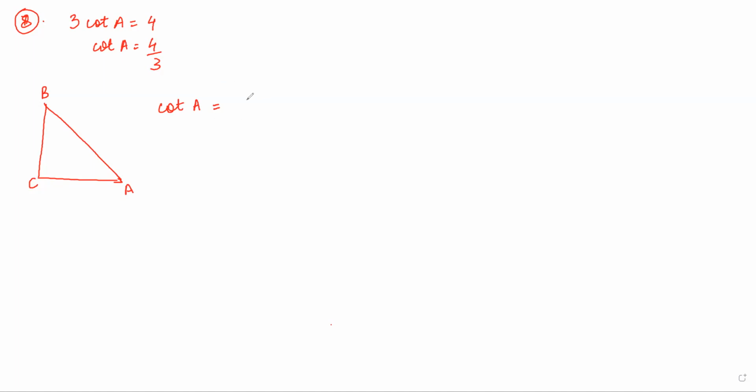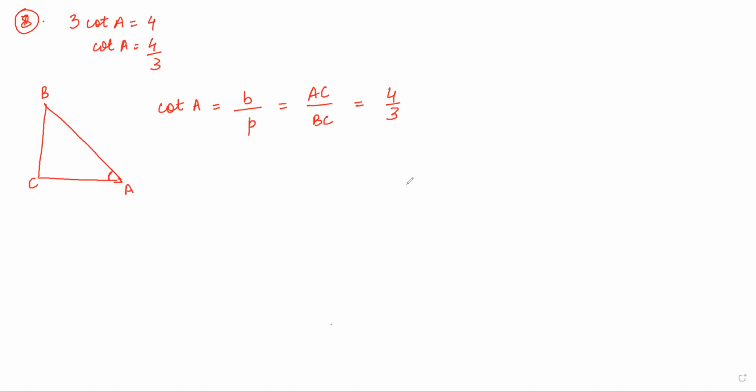Yes, 1 by tan is fine, but how is it related to sides? Base by perpendicular, correct? Now A is this angle. So which side is base? Ma'am, it's AC. Good. And perpendicular? Perpendicular is BC. So that means AC by BC is 4 by 3, which is given, correct?